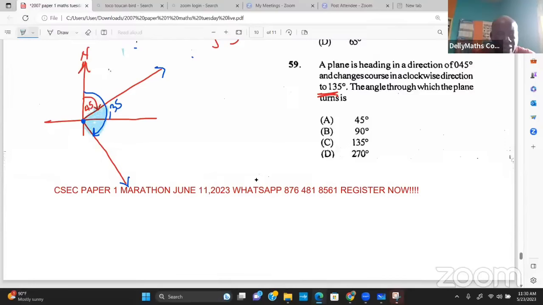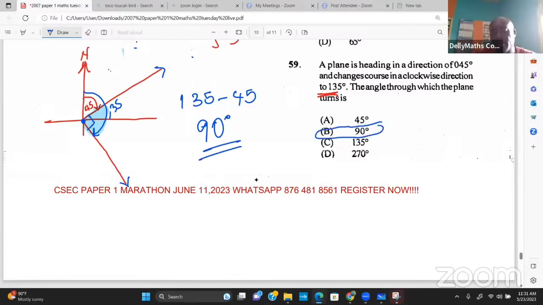That's the turn. The turn is just that little piece right there. So now if I have these two angles and they do overlap, then if I take that 45 out of that 135, the turn was just a 90 degree turn. So I look for that. Done.